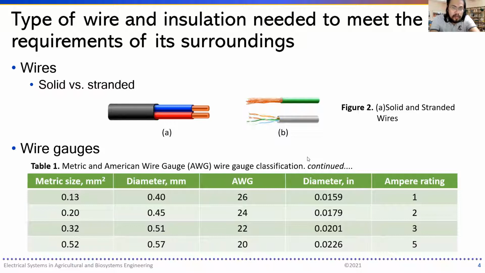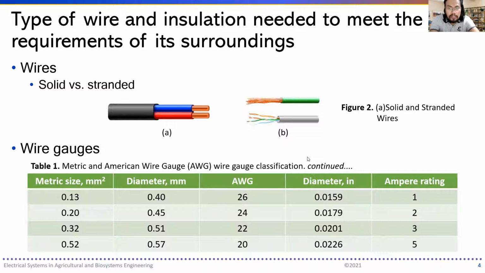The bigger the wire, the larger the ampere rating, so the more electricity it can convey. This is shown in summary table number 1, which is the metric and American wire gauge classification of wires.